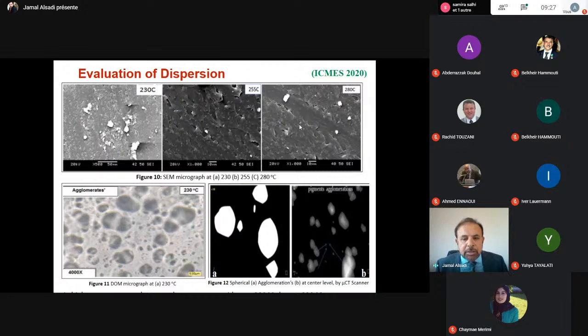Comparing here with the digital optical microscope at 230, which is low temperature, we have seen higher agglomeration, and the CT scanner here is showing you how big the agglomeration is, and at the central level, which is 255, which is the optimum point, it's showing less. So basically at higher temperature, less agglomerates are evident at 280 than at 230.